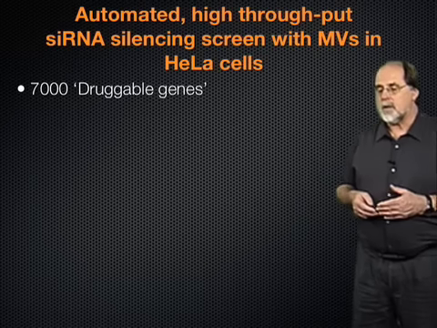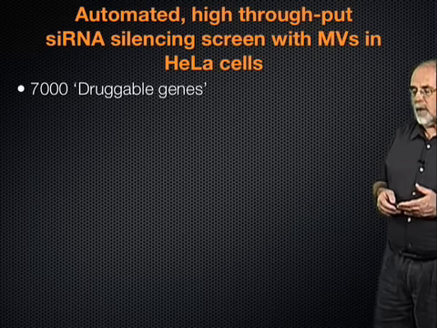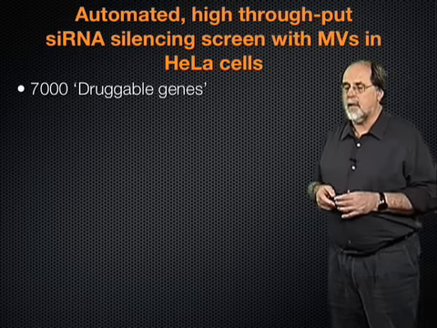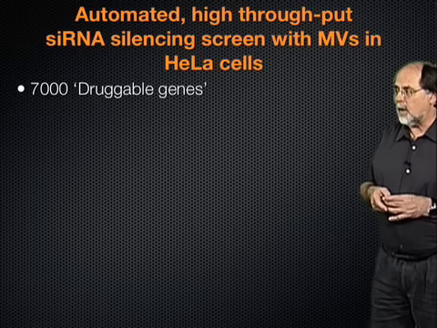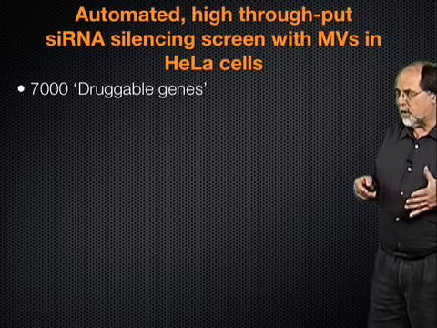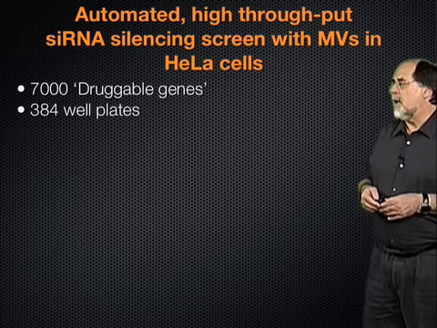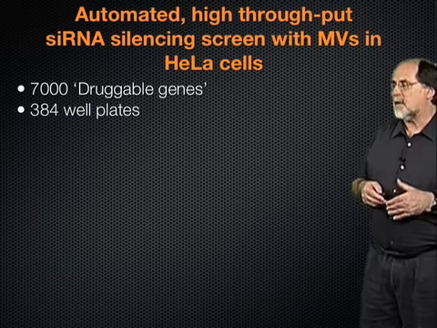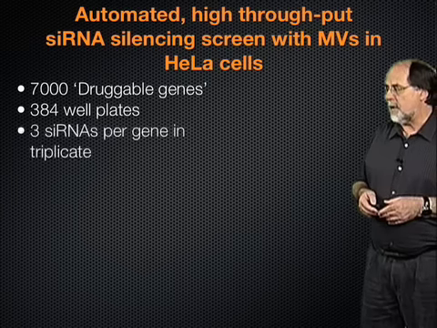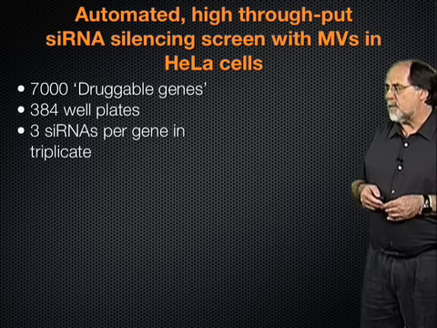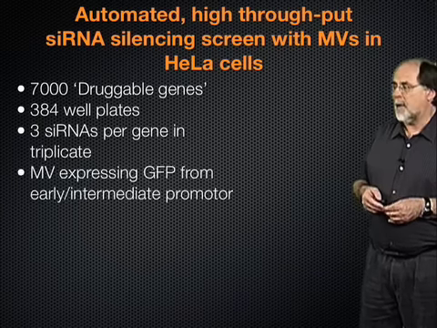In this case we used a library of 7,000 druggable genes. They are selected as being more amenable to future drug development than the others. So it's not the whole genome. In 384 well plates, the infection was tested, and we used 3 siRNAs per gene in triplicate.